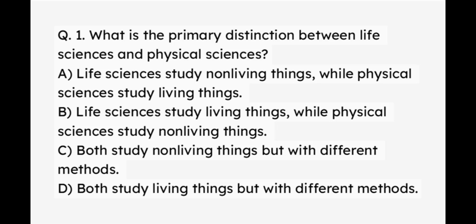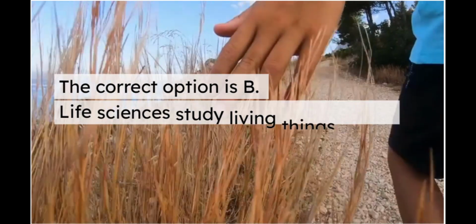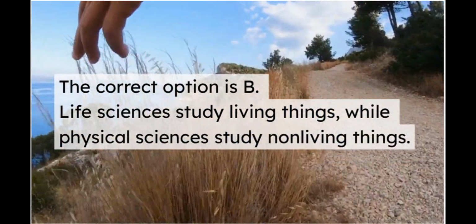C. Both study non-living things but with different methods. D. Both study living things but with different methods. The correct option is B. Life sciences study living things, while physical sciences study non-living things.